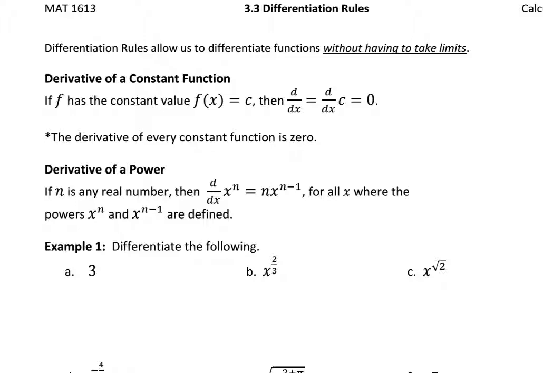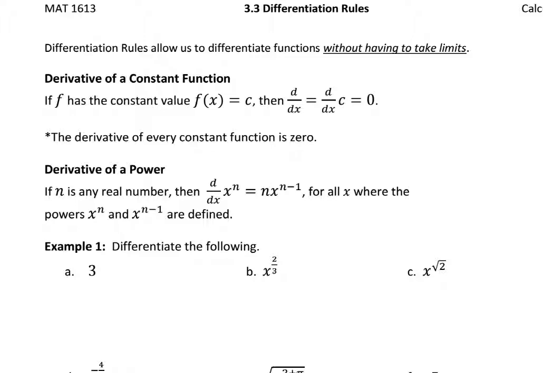So if you look at the first one, it says when f has a constant value, so when your original function is just a constant, the derivative, so d/dx of c, is 0. F prime is 0.